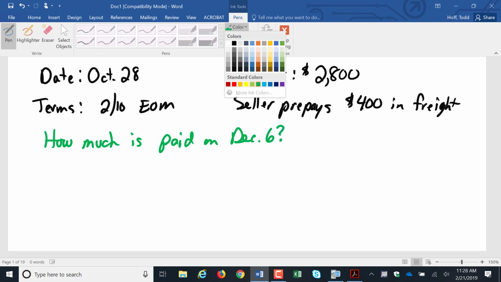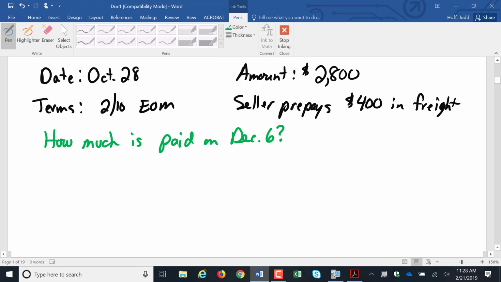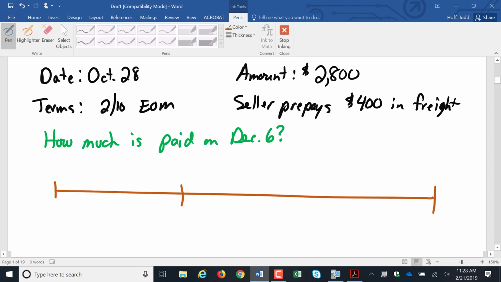Now, a lot of people are going to say, well, December 6th, that's too late. It's past the end of the credit period. It's more than 30 days. But remember, this is EOM. So the effective date is the end of the month. However, this is after October 26th. Remember, on or after the 26th of the month, it doesn't make it into that batch.